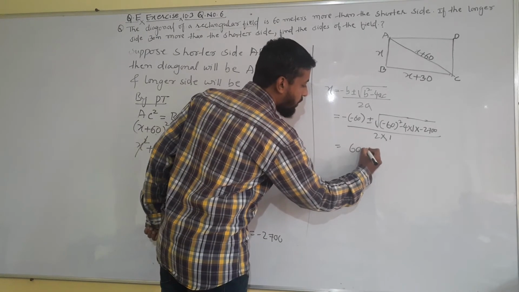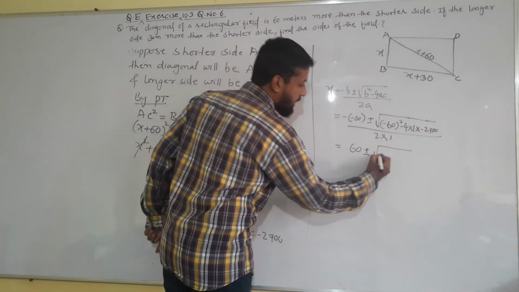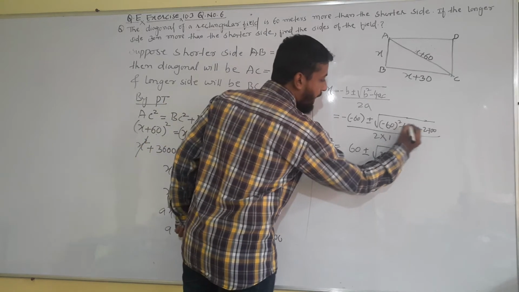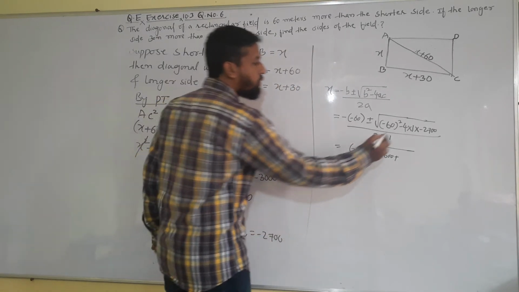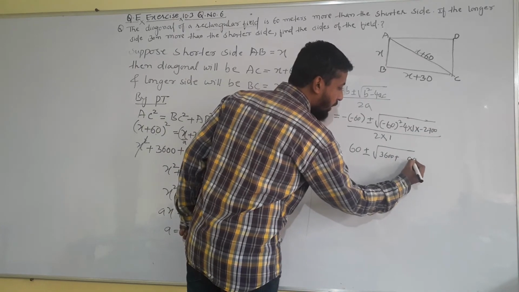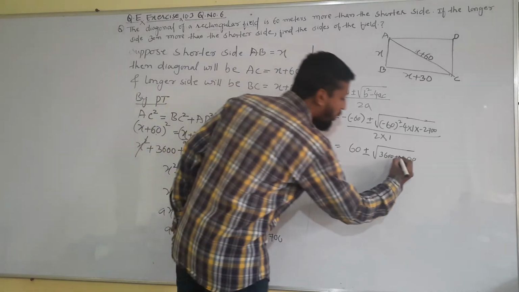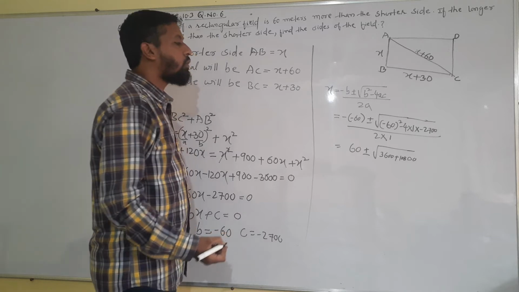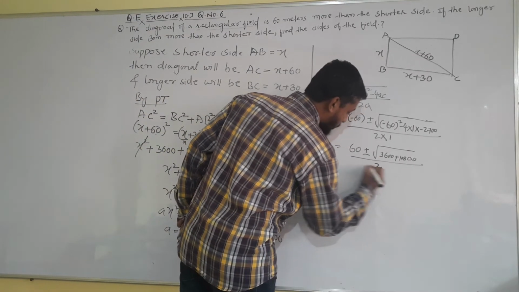Then plus or minus under root of 60 square. Minus 60 square is 3600. Then minus into minus is plus. 4 into 27 will be 108. So this will be 10,800 divided by 2 into 1, which is 2.